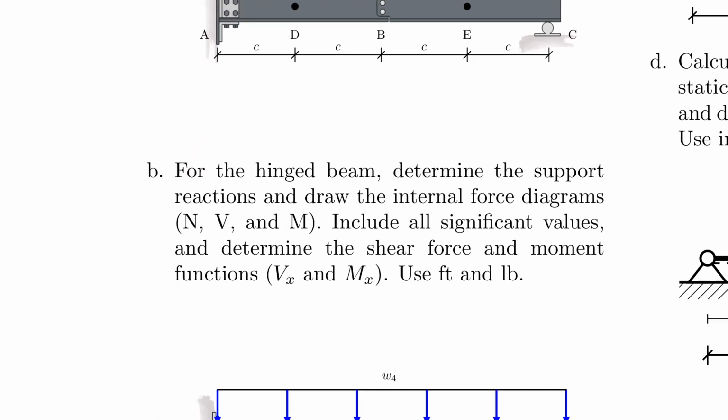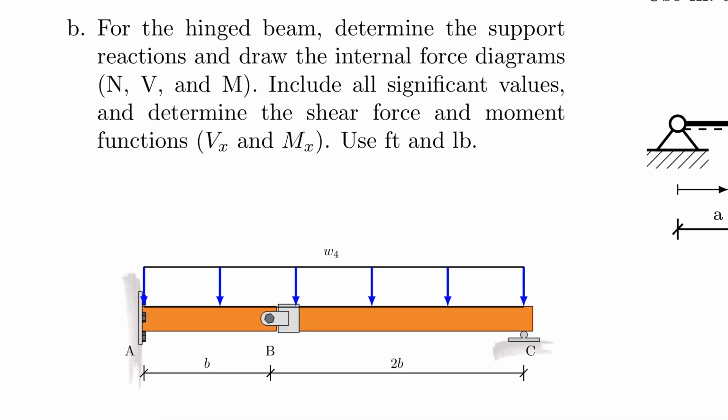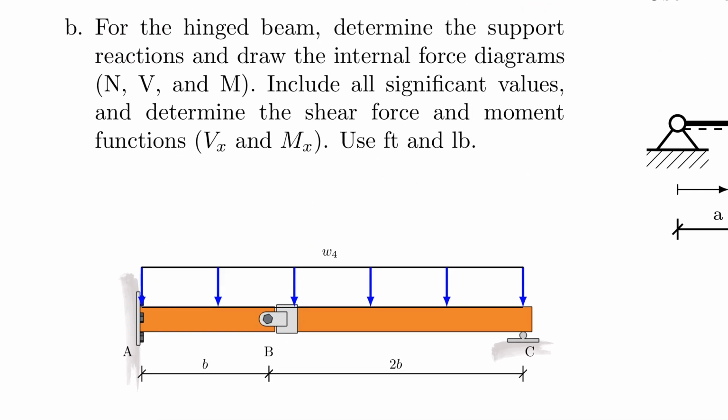Let's take a look at problem B. Actually fairly similar, except students are sometimes confused when they cut through the hinge and there's a continuous load acting on the structure or past the hinge, which here is at location B. But don't get confused. Just do intuitively what you normally would do, cut through the system.